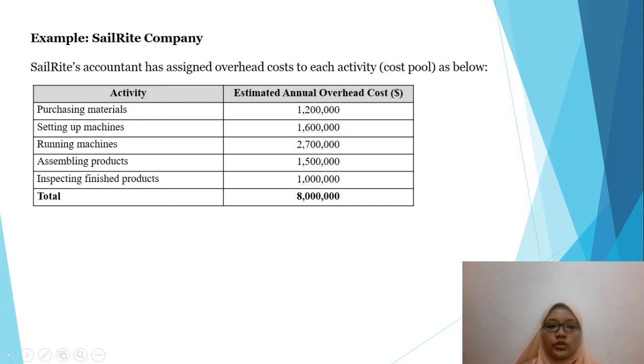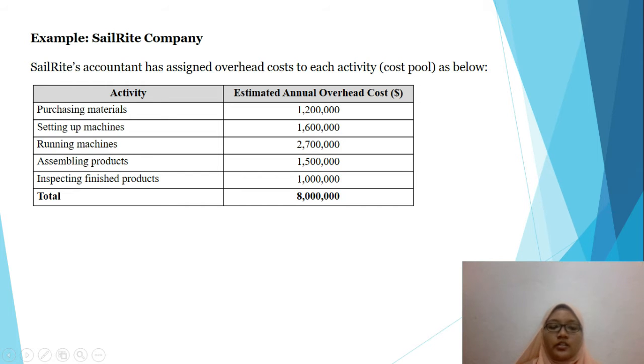We look at an example, Cellrite Company. Cellrite Company has assigned overhead costs to each activity. There are 5 activities.